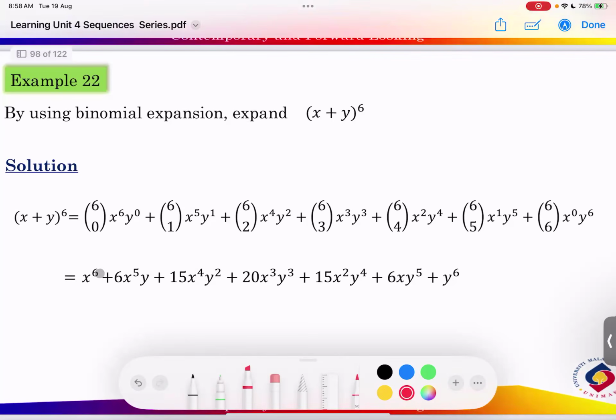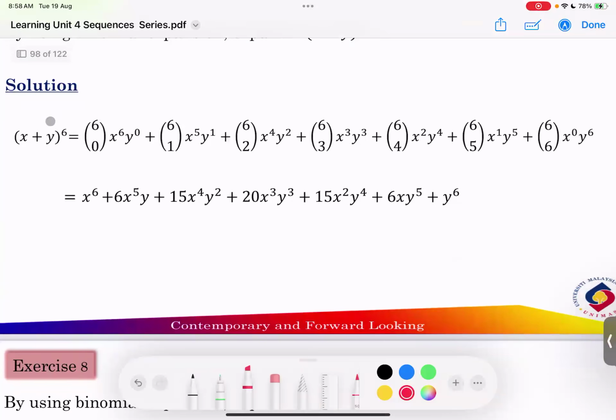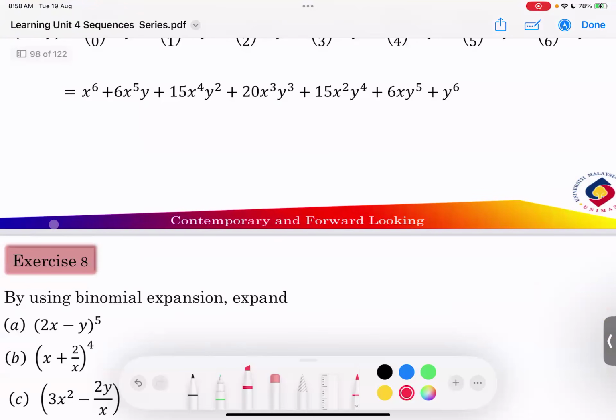So this one, the first is 1, and then 6x to the power of 5, 15, 20, 15, 6, and 1. So this one actually is row number 6.